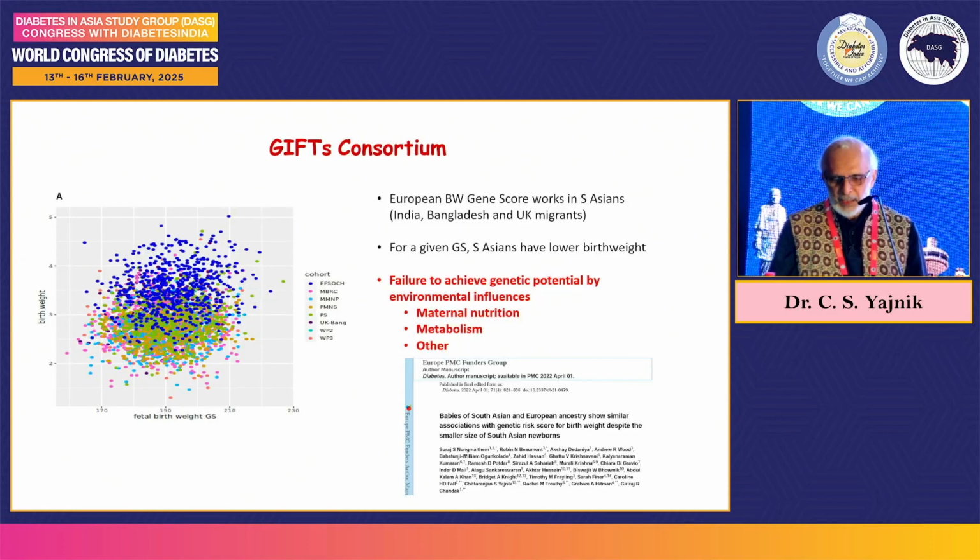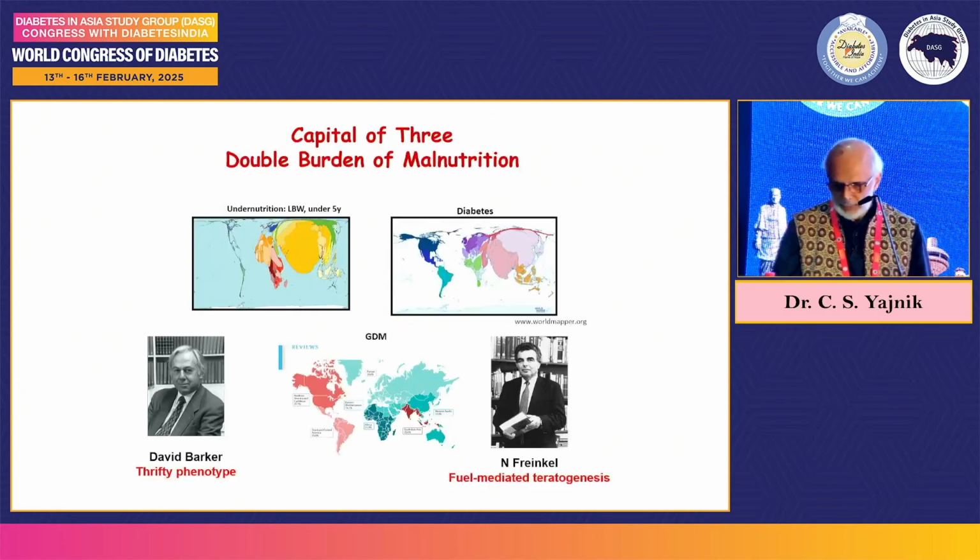What you see is for each gene risk score, the Indian babies have many 100 grams lower birth weight. In other words, genetically the same for the birth weight risk score, but the actual phenotype is many 100 grams smaller. In other words, epigenetics and environment are major determinants of our birth weight.